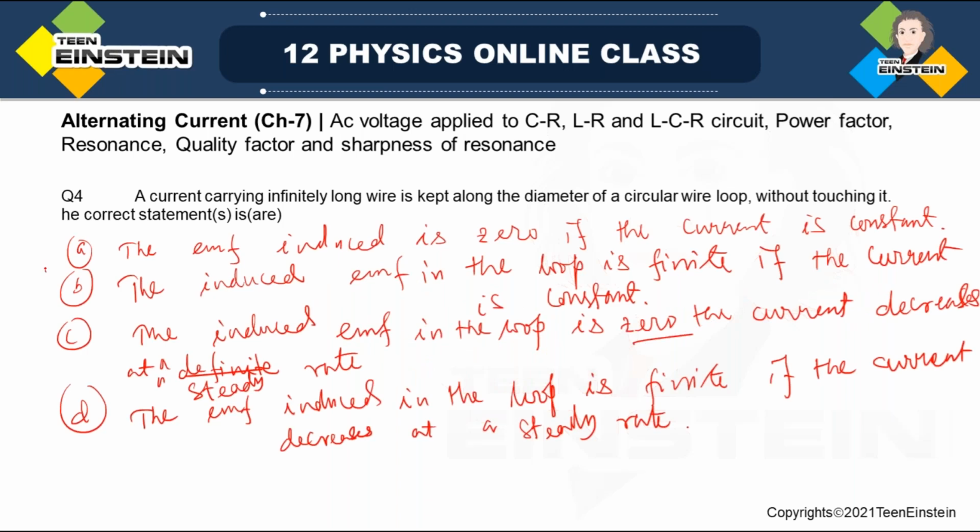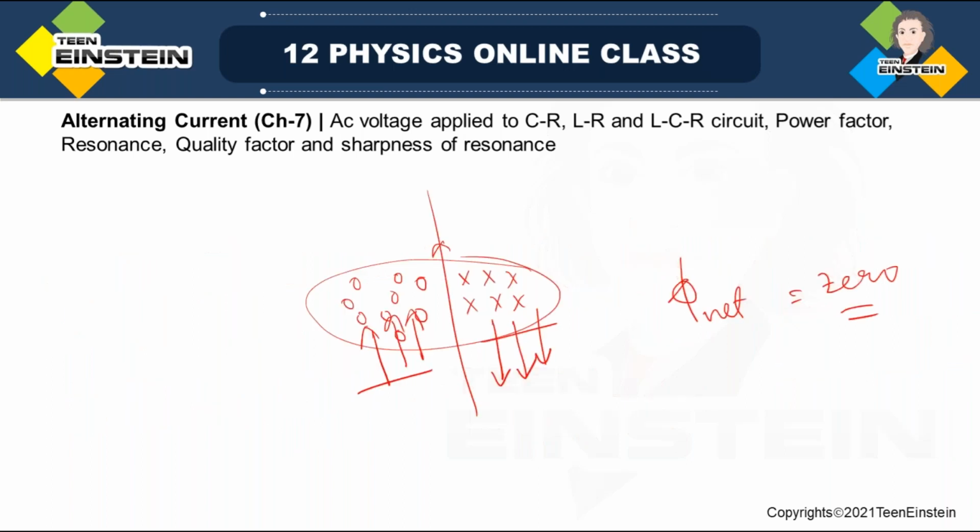So in any case, the induced EMF is zero. That means wherever there is zero induced EMF, it will be zero. So this 3, I'm sorry, this is not that. So A and C will be true. In any case, it will be zero, whether the current is steadily decreasing, or the current is constant, whatever may be the condition.